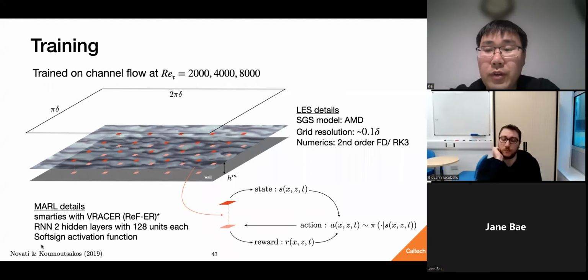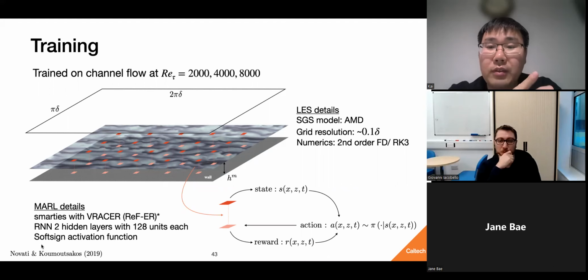Professor Bae, I have a quick question. It seems like the reinforcement learning model is first trained and then applied to the same case it was trained on. For real geometries, you probably don't have a simple flow like the hill or the TBL. Is it possible to train on one case and then apply it to another case and still be accurate?